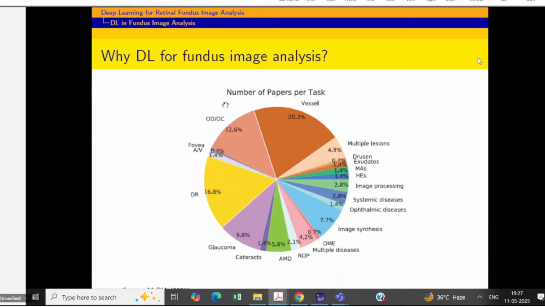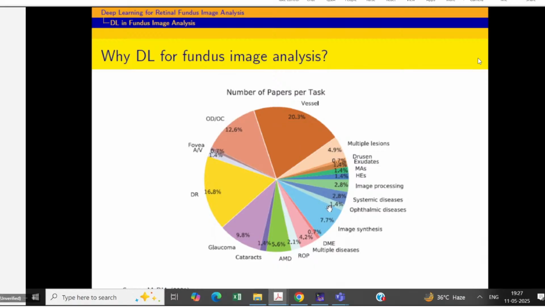And also, if you look at the number of papers per task, that means whether the papers focused on diabetic retinopathy, glaucoma, cataracts, age-related macular degeneration, there are a couple of problem statements here, whether it is retinal vessel segmentation, vessel identification, very important for certain diseases.